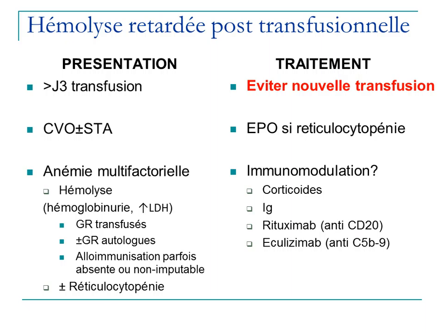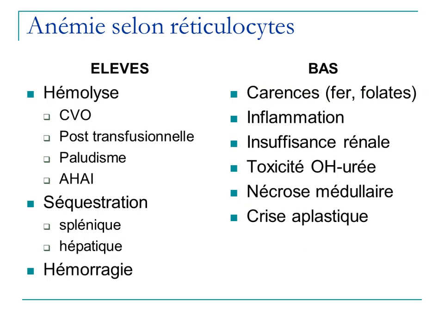Here, a patient transfused 3 days before, ACS, multifactorial anemia, and also reticulocytopenia associated. You should absolutely avoid any new transfusion. It is the main strategy, EPO if necessary, and many forms of immunomodulation, but at the experimental stage, I will not go into the details.